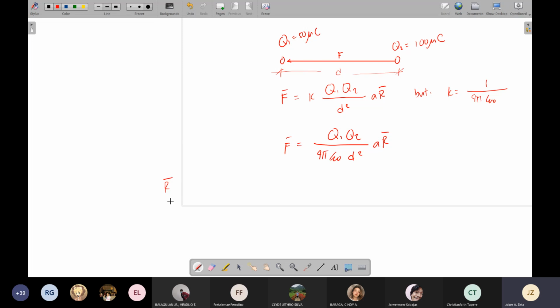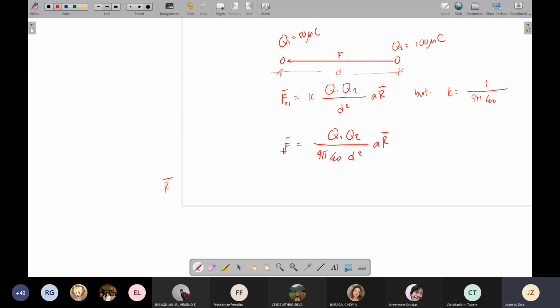Okay? Now, for the vector distance, you also have to determine which is the direction. Now, since ang atoong force is a vector quantity, it should have a proper direction also. But we have already pointed out the direction. It would be from Q2 to Q1. Therefore, ato na lang ning specify klaro sa force para di ta malimot, force from 2 to 1.